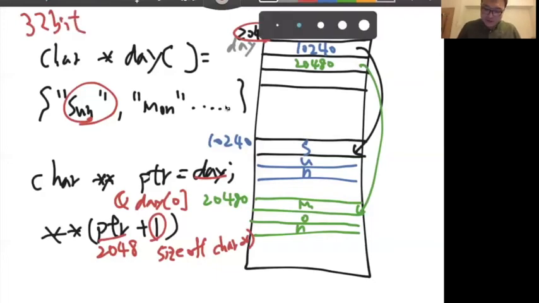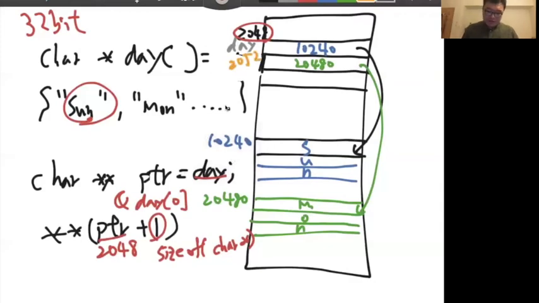So the next one will be 2052. So this is a size of 4. So in the end, 2048 plus 4, we get 2052. Okay, so 2052 will be the address.